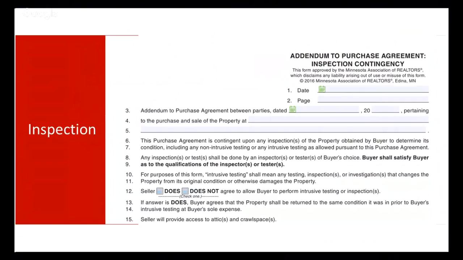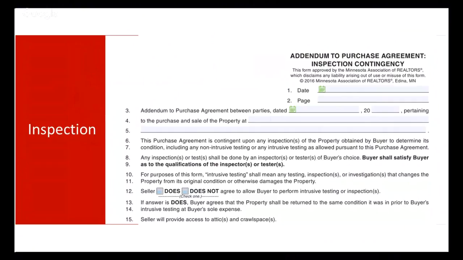However, let me give you some examples in which we might choose does. Let's say we're buying a distressed property, a foreclosed property, a property that's been abandoned. Maybe you have some concerns about mold, right? Well, in that case, the buyer might want to do some testing for mold, puncturing the drywall, for example, to do some moisture tests.